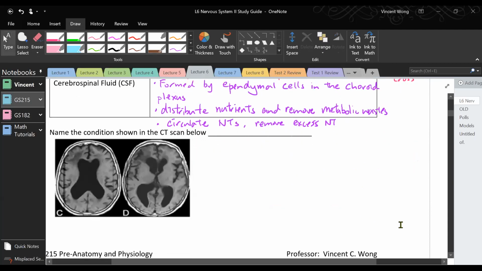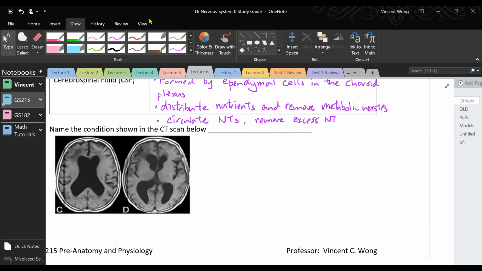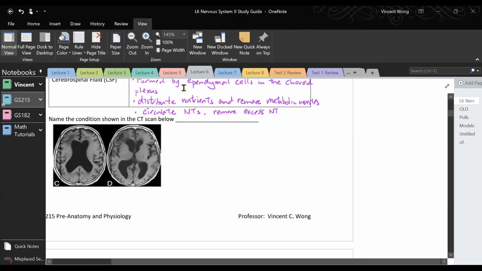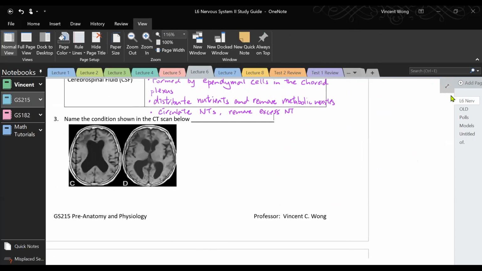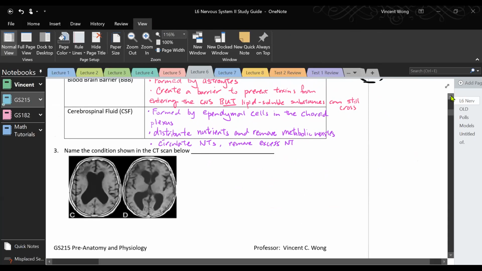Remember, neurotransmitters are these molecules that are needed for communication between neurons. So there you have it. Cerebrospinal fluid. You make quite a lot, approximately 600 to 700 milliliters per day.